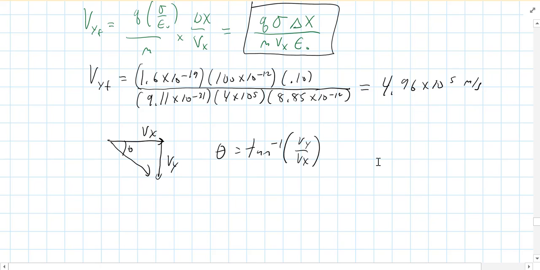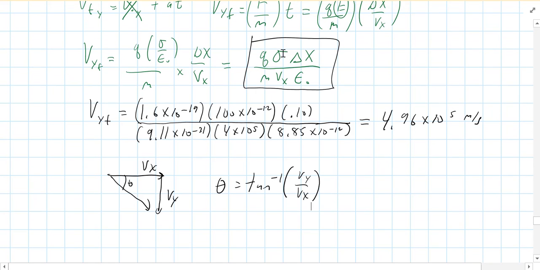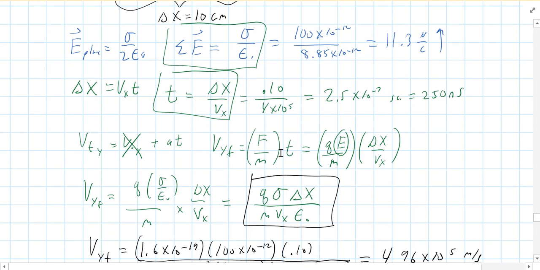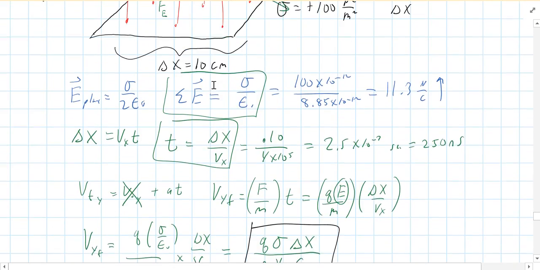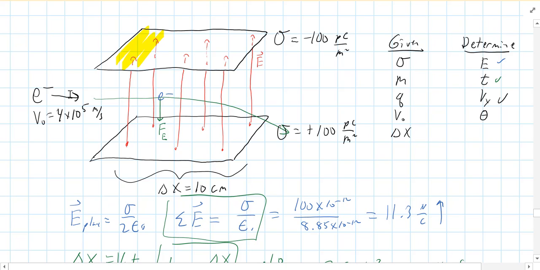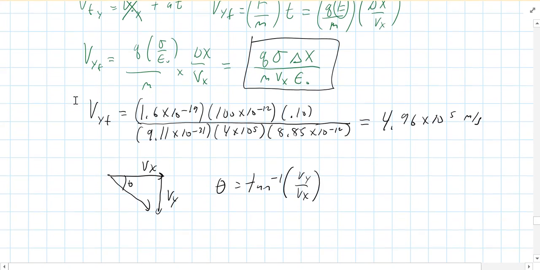Now, if you'd like, you can plug all this in for Vy, and then divide that by Vx. So you would have Q sigma delta x over m Vx squared epsilon naught. Or because we have the numerical values, you can just take 4.96 divided by 4. They're both times 10 to the fifth, so you don't really need that.